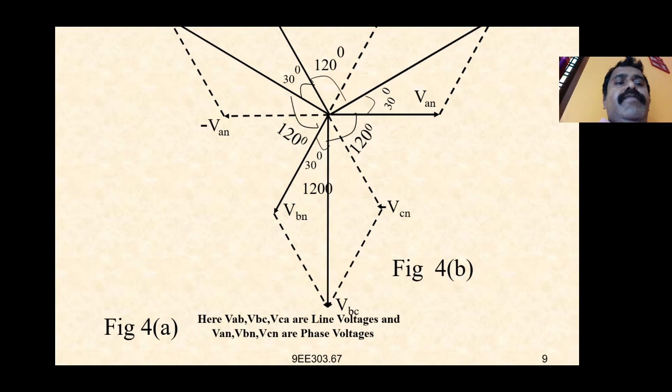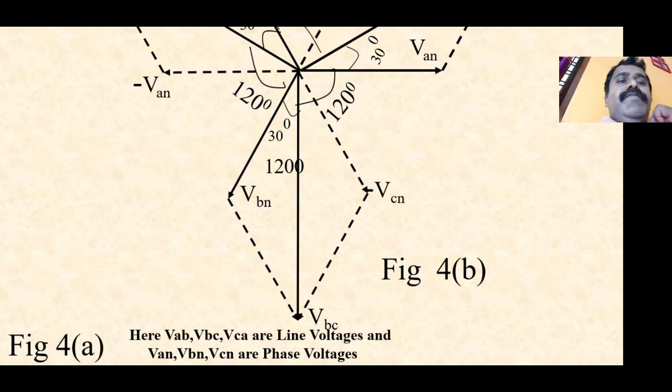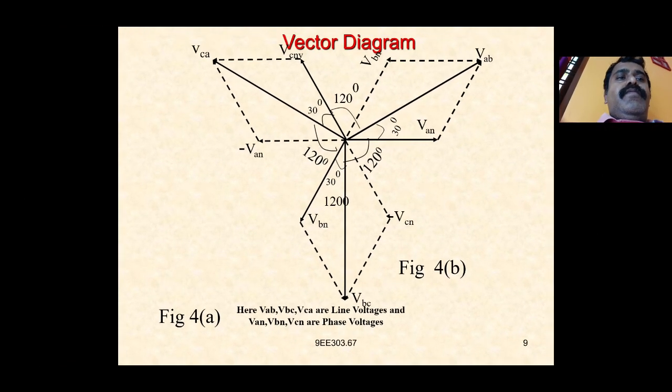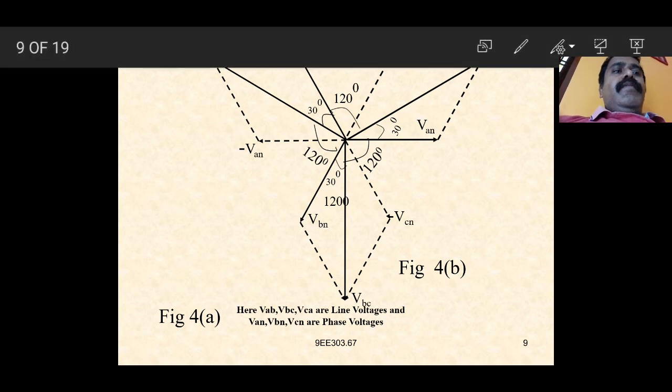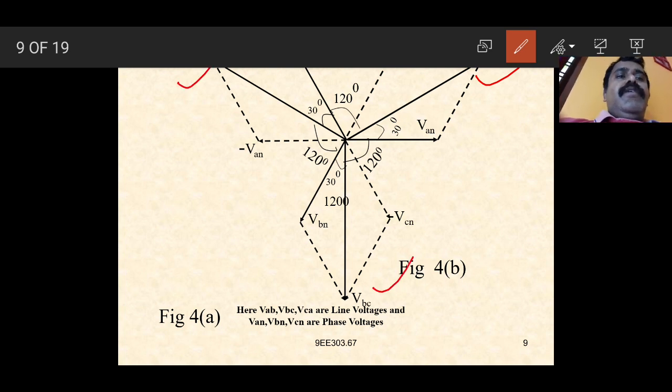Here VAB, VBC, VCA are line voltages, and VAN, VBN, VCN are the phase voltages.